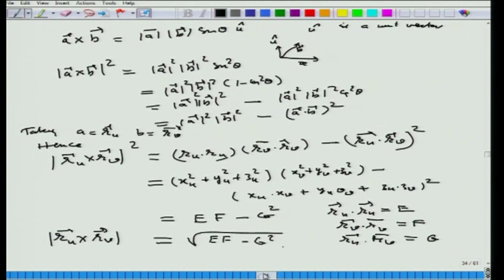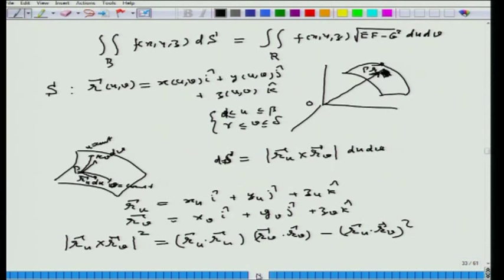And so our formula, this integral, comes out in terms of u, v: x, y, z are functions of u, v here, and we have calculated that dS equals the square root of EG minus F squared du dv. So that is nothing but this integration over the flat surface du dv, which we already know how to calculate.